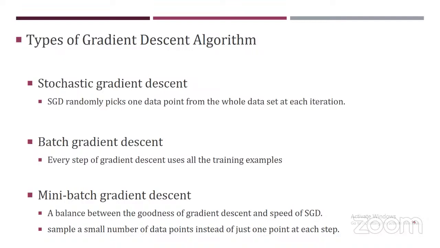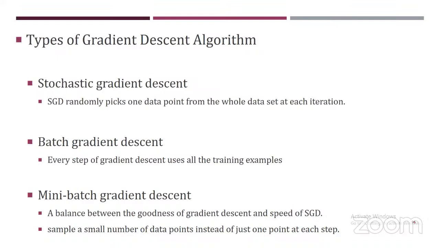The first one is stochastic. In case of stochastic, you just take one random sample. Based upon that random sample, you calculate the error, and based upon that, you do the adjustment. So instead of using the whole set of instances to summarize your cost, I will be using just one instance. Randomly, we pick one instance, and based upon that, we make the decision.